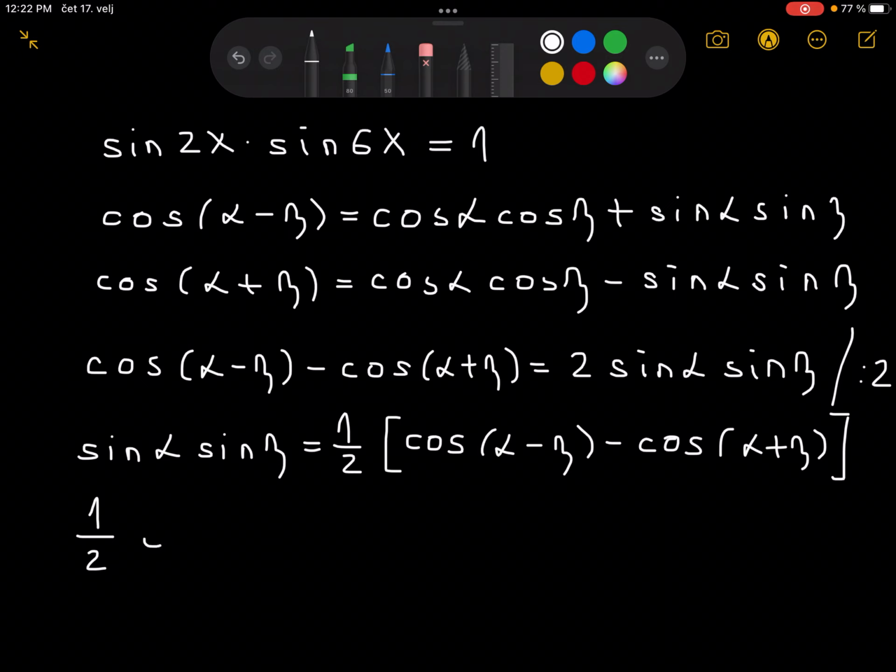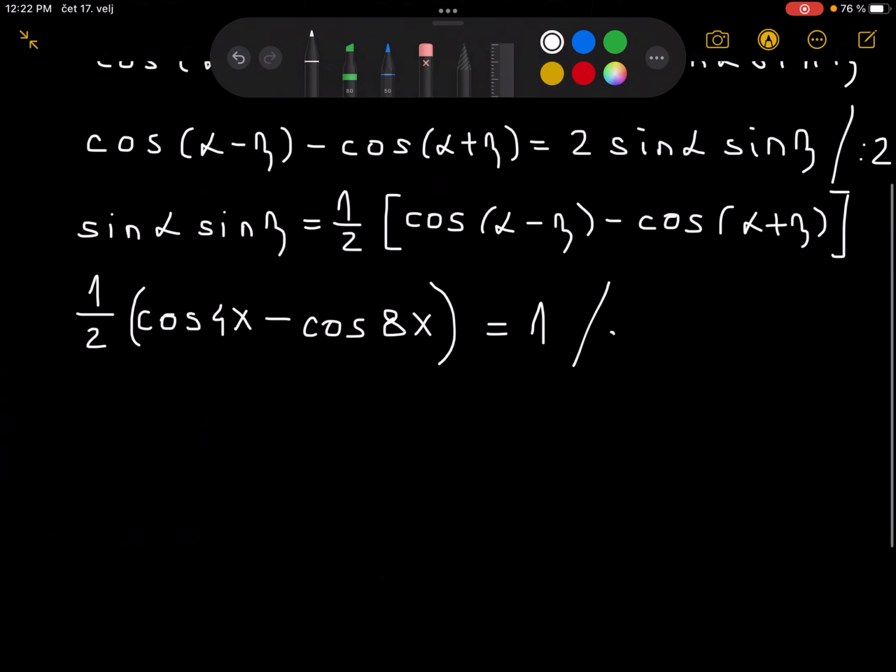But since cosine is an even function, the cosine of negative 4x is exactly the same as the cosine of positive 4x, and minus cosine of 2x plus 6x is equal to cosine of 8x, and this all together is equal to 1.